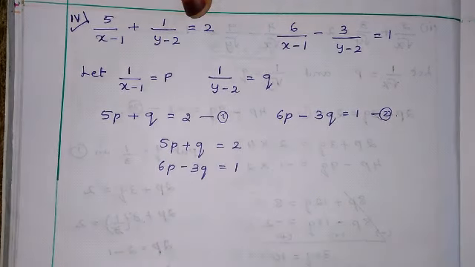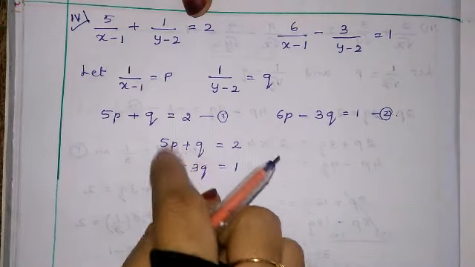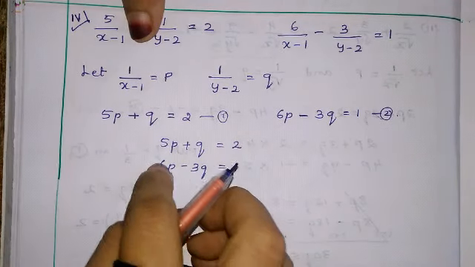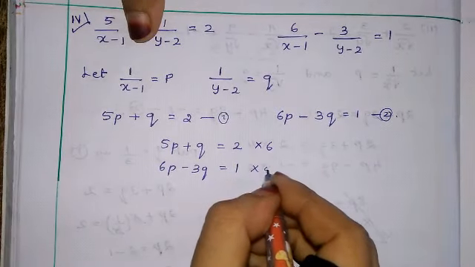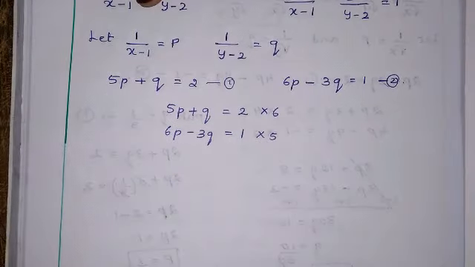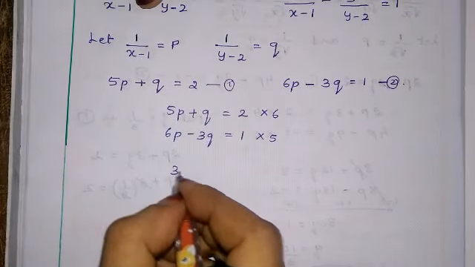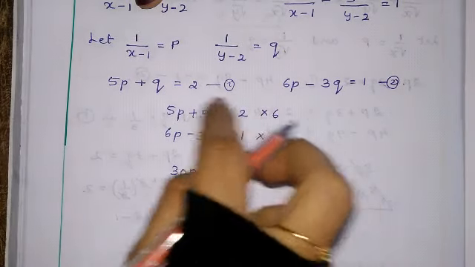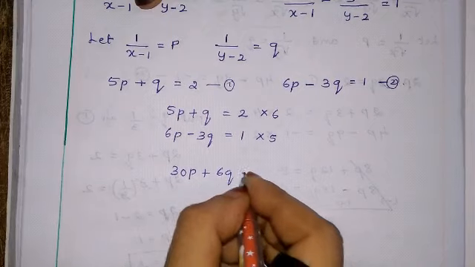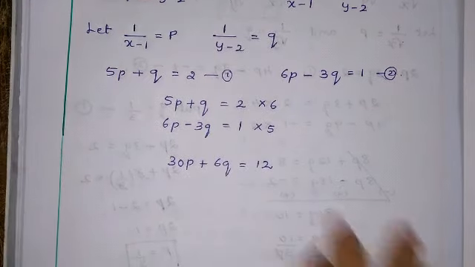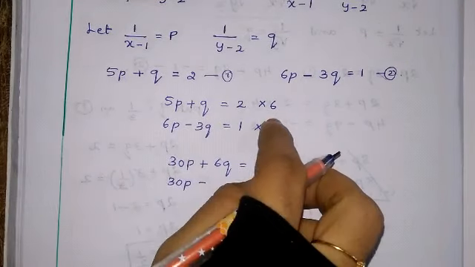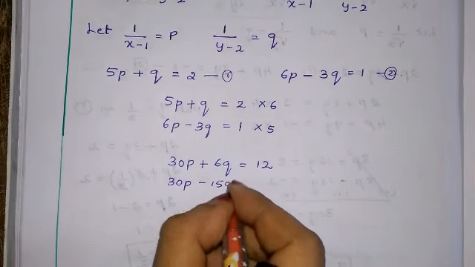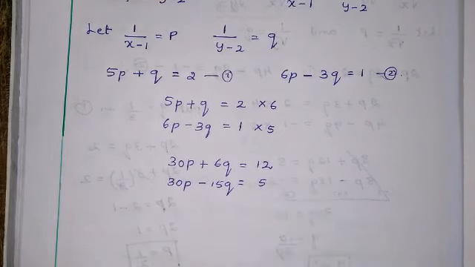Here we can see that nothing can be reduced. So 6 multiply this side, 5 multiply this side. So let us multiply. 6 5s are 30p plus 6 into q, 6q, 6 2s are 12. 5 6s are 30p minus 5 3s are 15q is equal to 5 1s are 5.